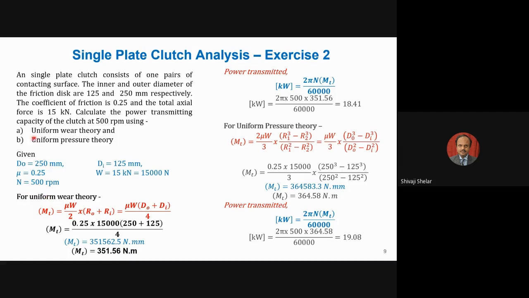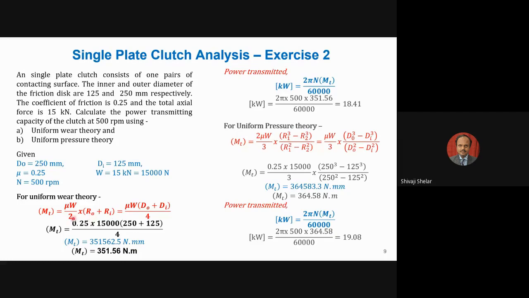Let's take the first case, that is uniform wear theory. For uniform wear theory, the torque transmitted is equal to mu W upon 2 into Ro plus Ri. I can express Ro and Ri in terms of do and di, so that is mu W into do by 2 plus di by 2.